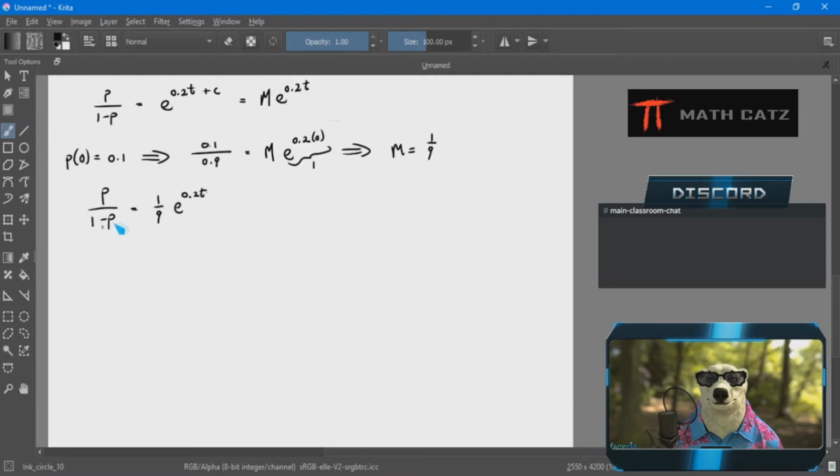And now I'm going to multiply both sides by 1 minus p to get, I'll leave this guy in front here, e to the point 2t, 1 minus p, then becomes the exponential portion multiplied in.